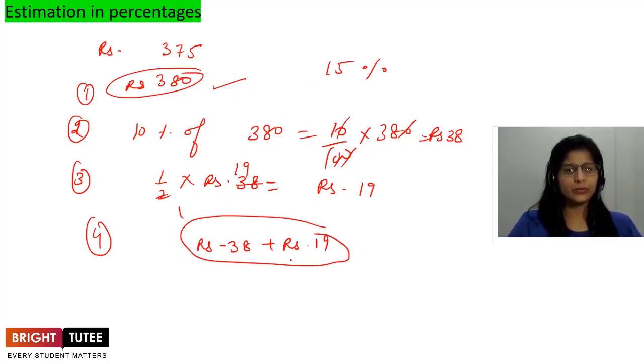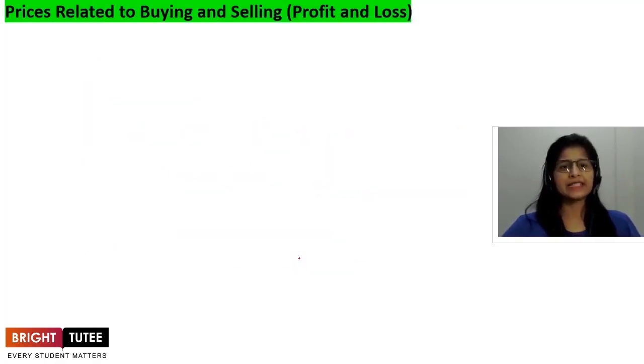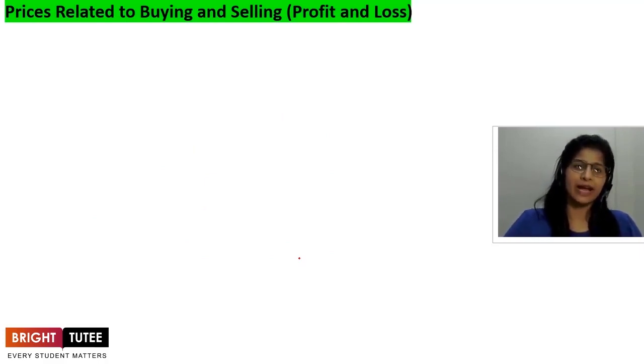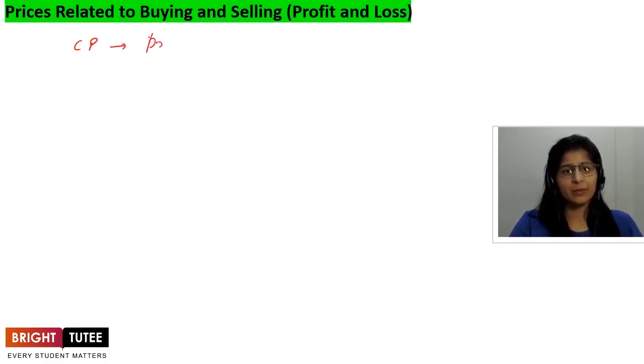So now let's move to the next topic. It is prices related to buying and selling, profit and loss. You might be familiar with selling price and cost price. I'll revise it. Cost price is the price at which an item is bought, right?